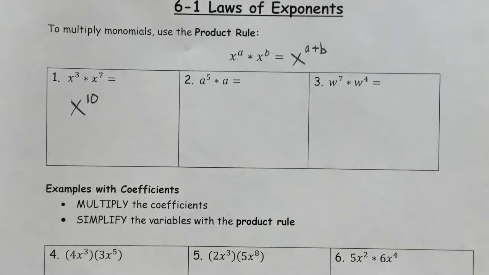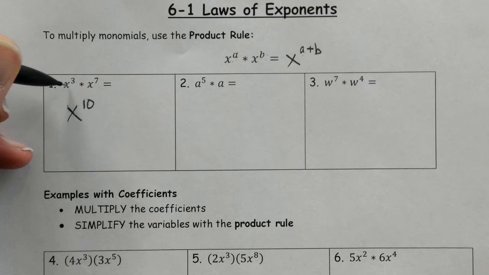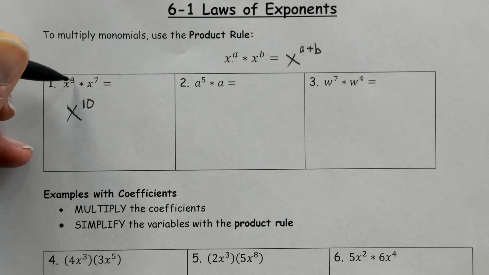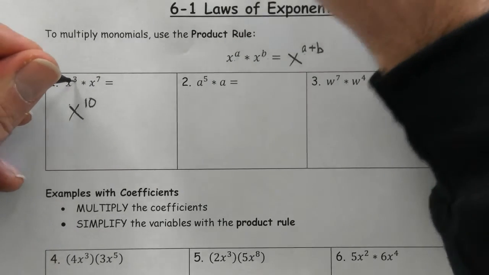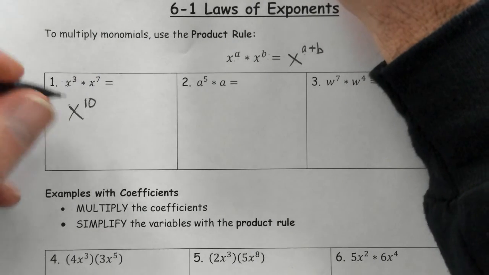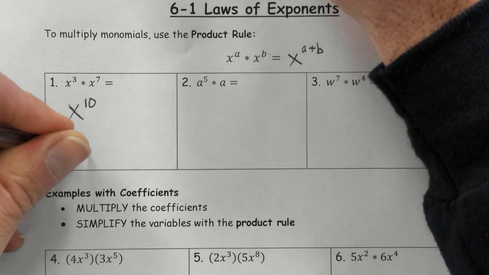All right? The reason why we know that this is correct is because, remember what a power is. That means the base times itself to whatever the power is, number of times. So for example, x to the 3rd, what does that really mean? That means x times itself 3 times: x times x times x.